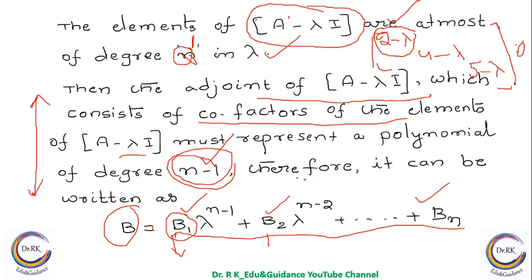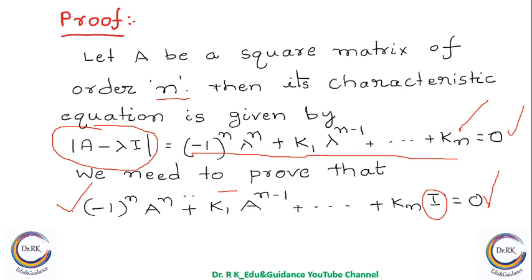So with these two things to carry forward to prove this: one is that det of A minus lambda I is a polynomial.